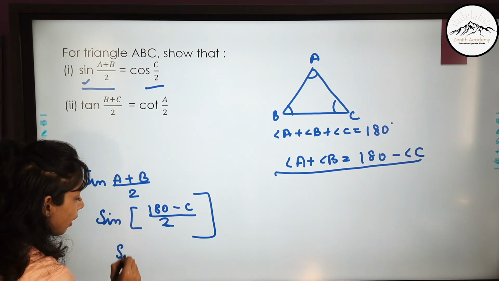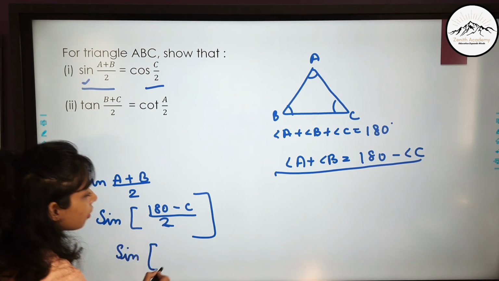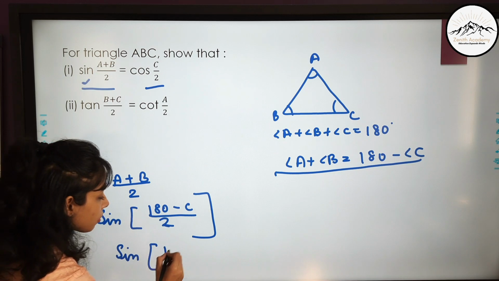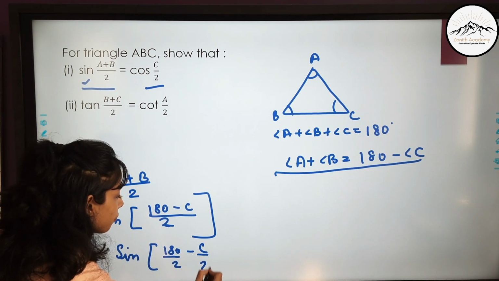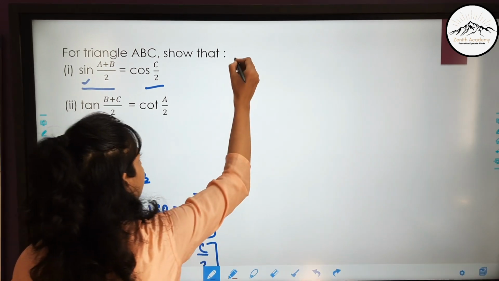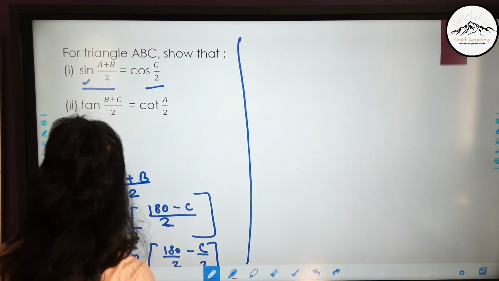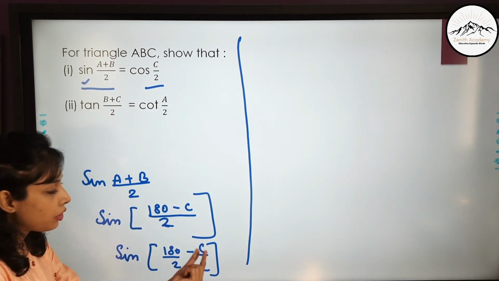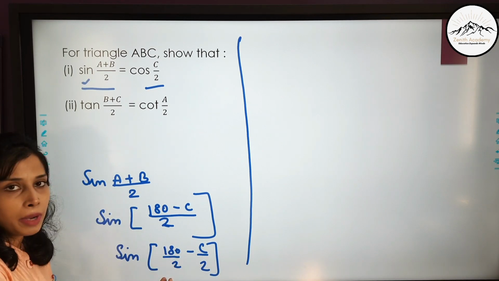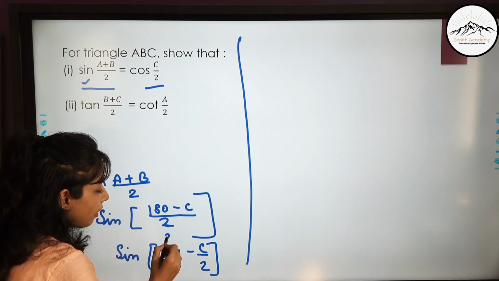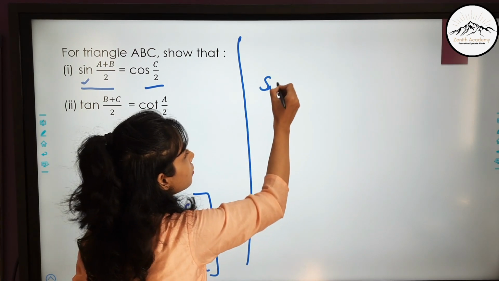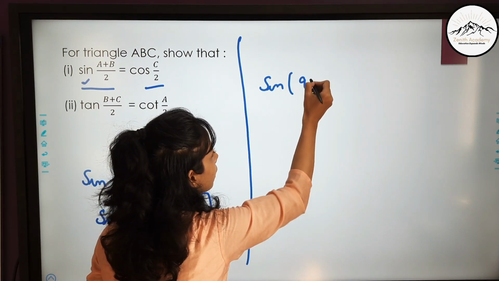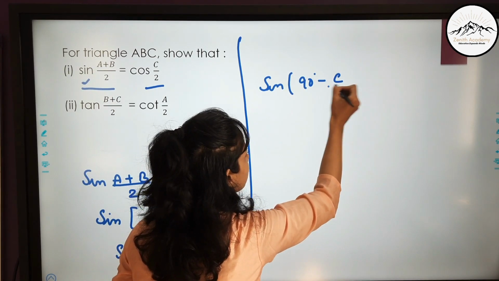So sine, now split these two terms. So 180 by 2 minus C by 2. Sine 180 by 2 minus C by 2. Now what is 180 by 2? Two ones are 90. This is 90 degrees. So what we get here? Sine 90 degrees minus C by 2.